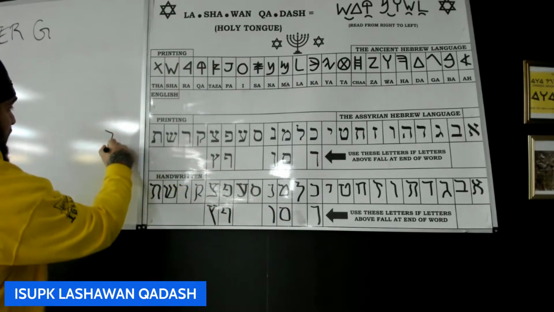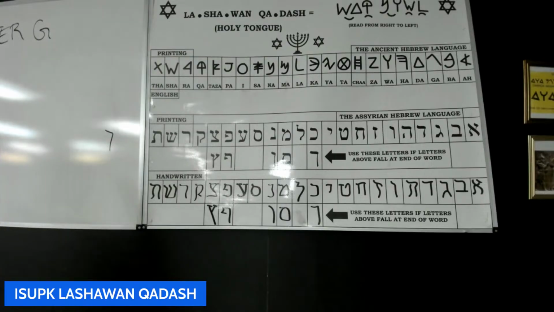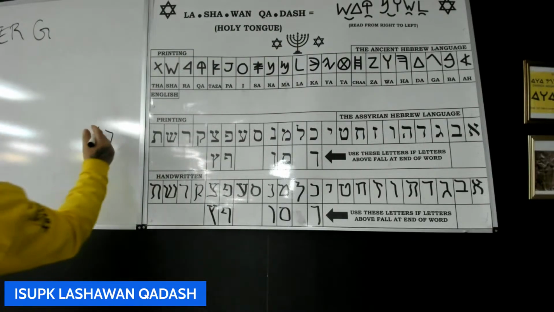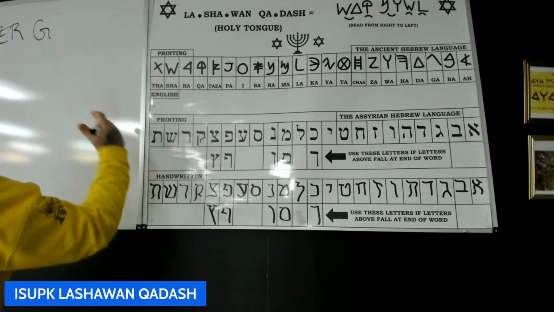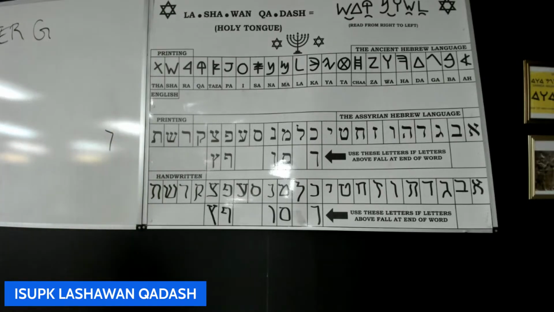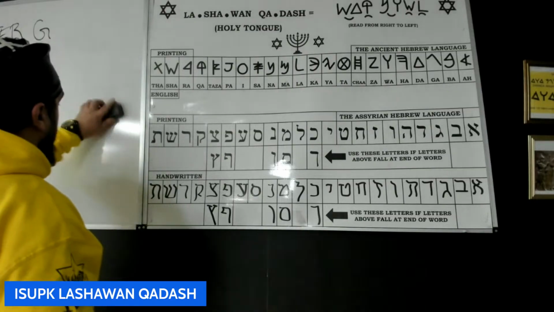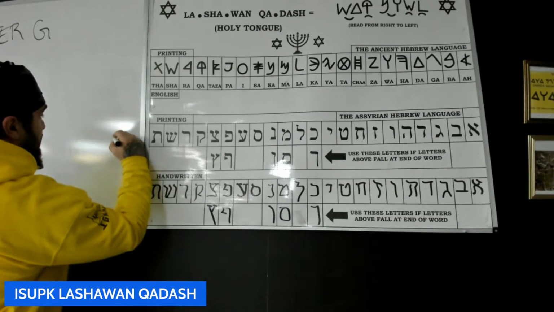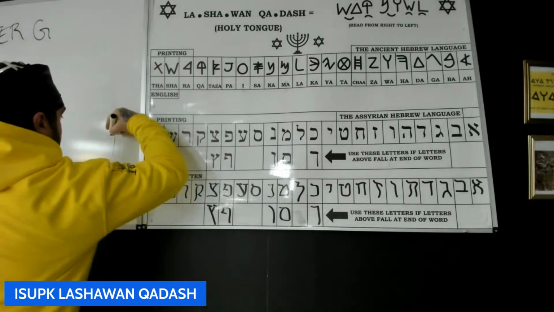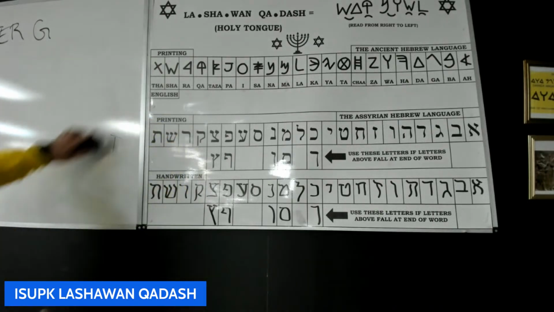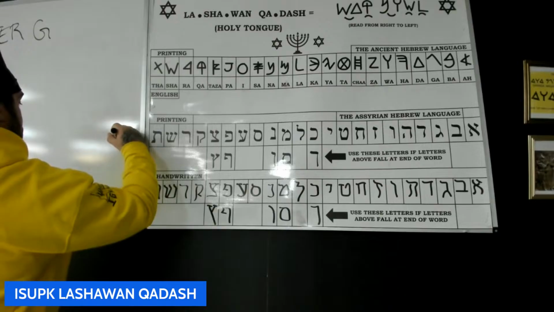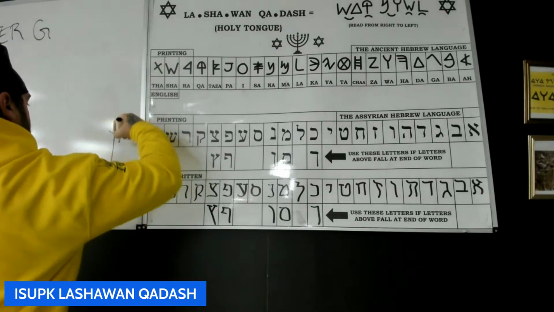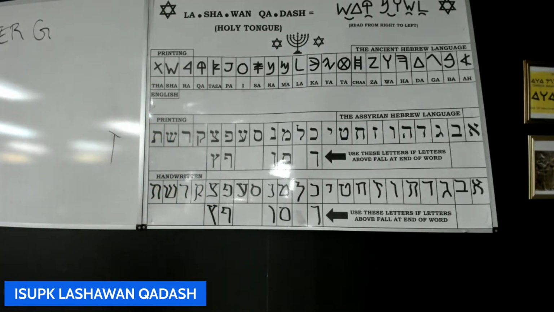Wa's like a short 7 angling up in a way. Then you've got Za. Za is like a short T. Well, I've got to make it bigger for y'all. Kind of like that, and that'll be Za.